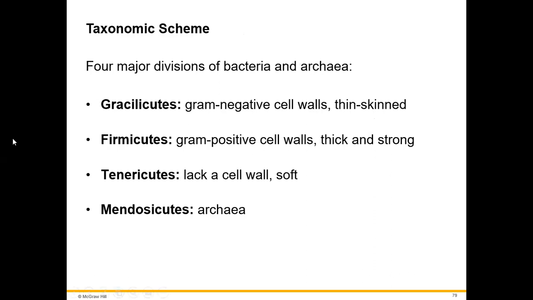So, some major divisions of bacteria and Archaea. The gracilicutes are gram-negative bacteria. So remember, they have the thin cell wall. Firmicutes are gram-positive bacteria. They have the thick cell wall.